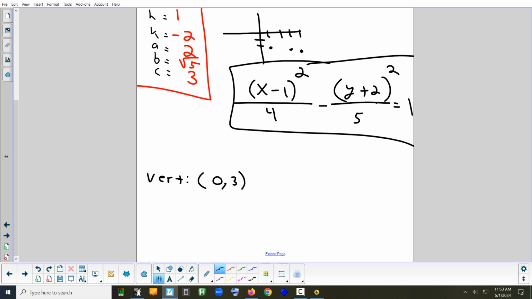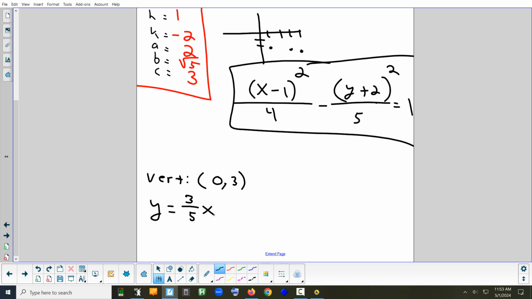And then I told you one of the asymptotes. Let's say the asymptote is y equals, let's say, 3 over 5 x. And I asked you to tell me the equation.